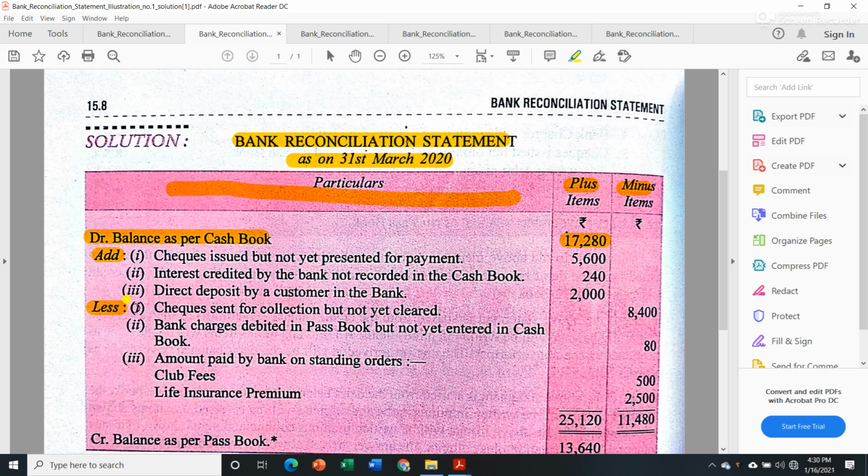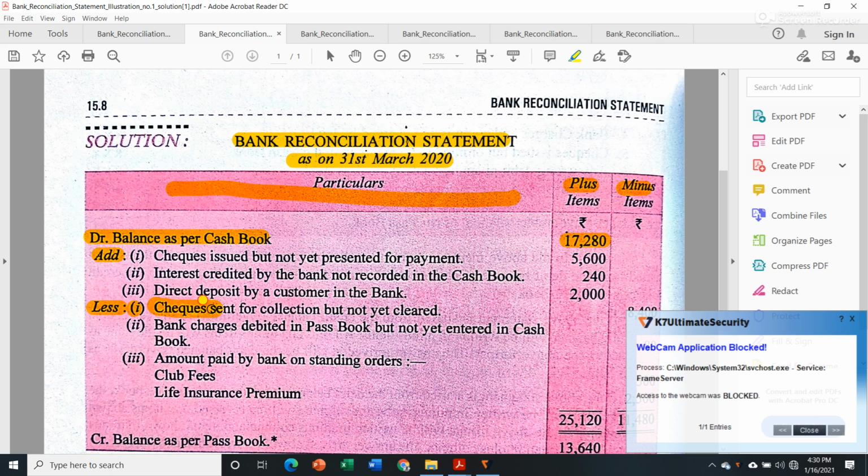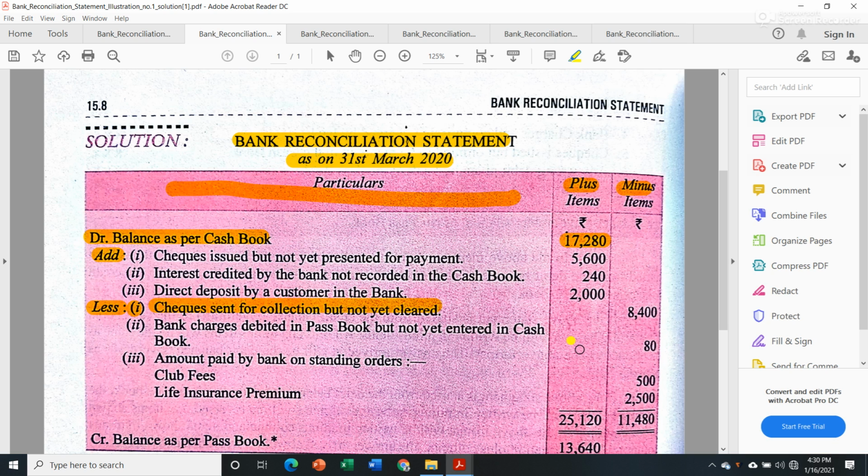You put a colon and then write point number 1. Check sent for collection but not yet cleared, means we haven't received actual cash in our bank account, and that is the reason our passbook will be showing less money. So to equate both cash book and passbook, we can just deduct from our cash book, and deducting means to write in the minus item.